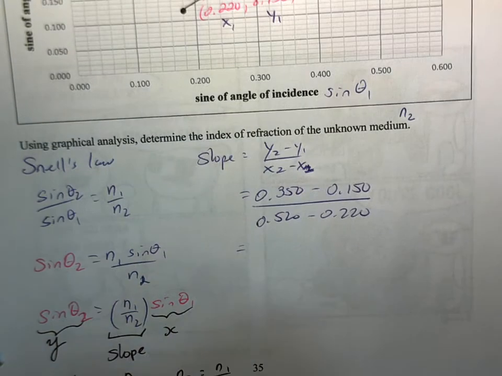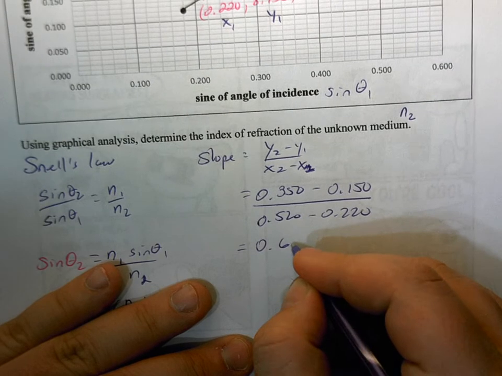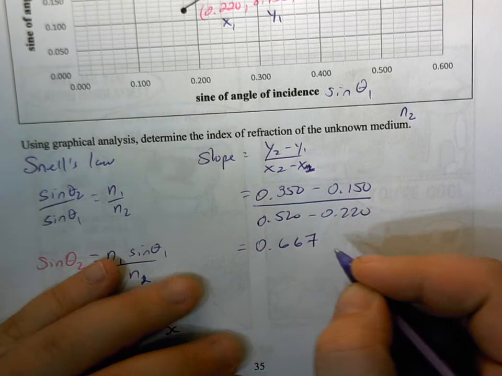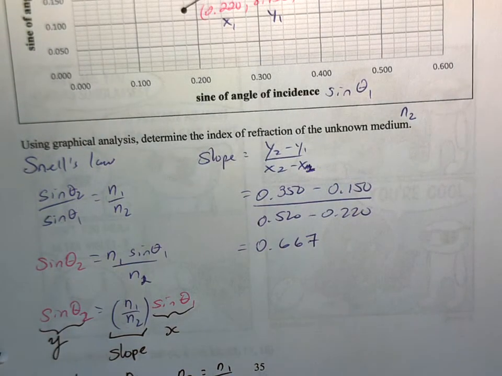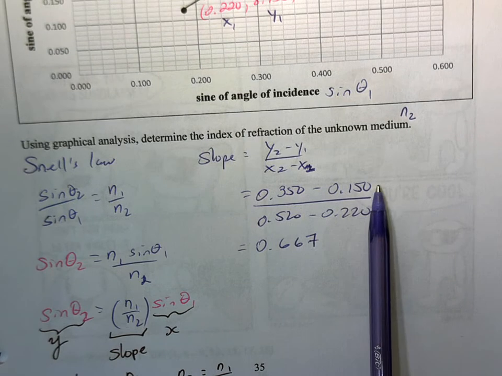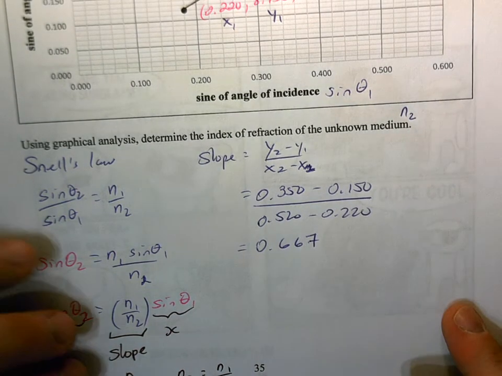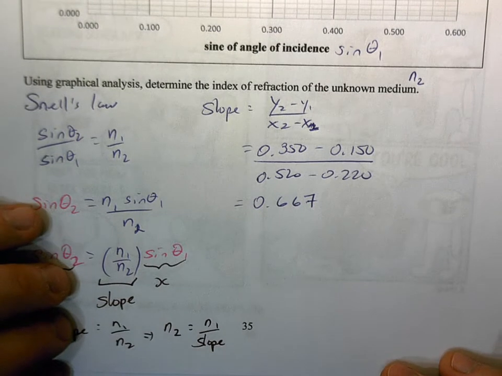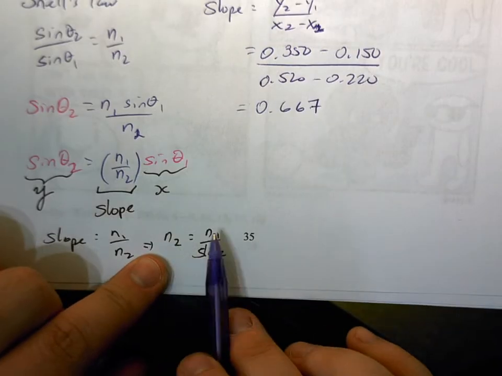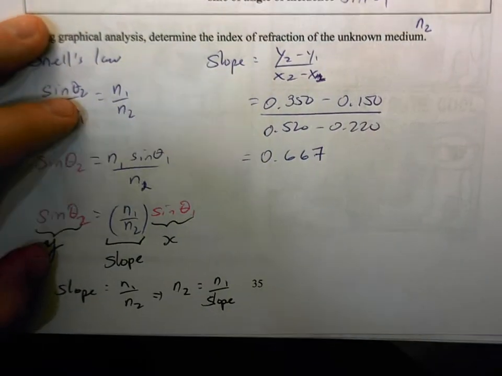For this slope, let's see what we get here. We're going to get about 0.667. There are no units on this, no units up top and no units on the bottom, so this is just a dimensionless number. Having a slope of about 0.667, we know that n2 is going to be n1 divided by our slope.